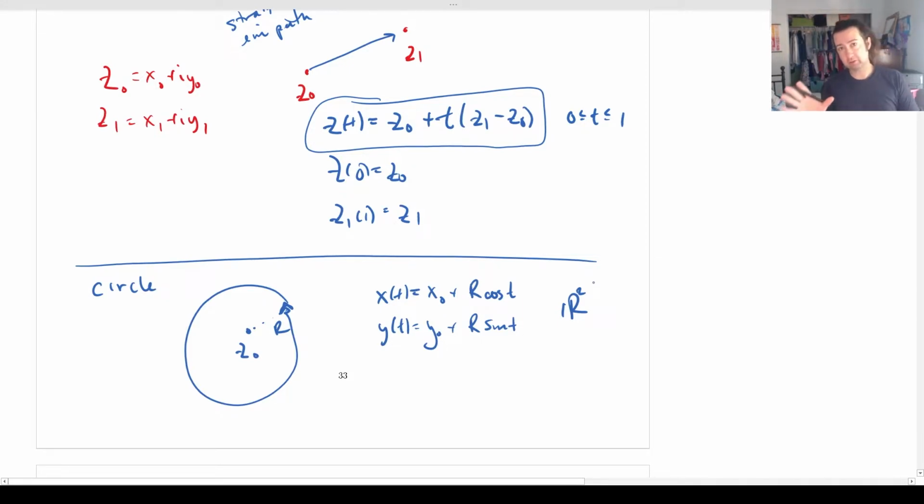You can always take a two-variable parametric equation and make it into an equivalent complex parametric equation by writing it in real plus imaginary part form. So z of t is going to be equal to x naught plus r cosine of t as the real part, plus i times y naught plus r times the sine of t. And that's the complex version of the parametric equation.